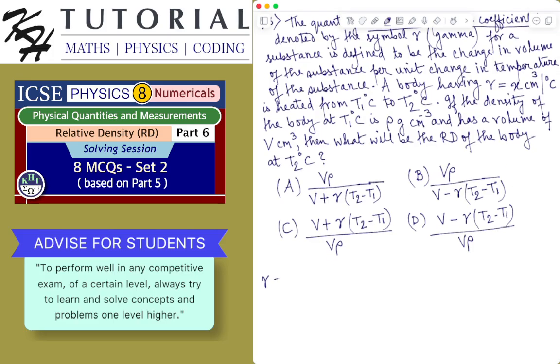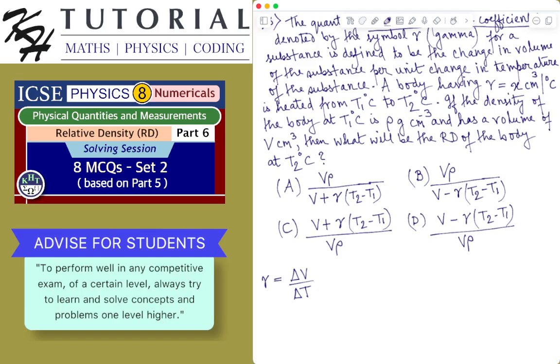In physics, usually a change in a quantity is denoted with the triangle symbol, which is known as delta. So gamma is delta V by delta T. Delta T means a change in temperature, and in the numerator we have delta V, which means a change in volume, and in the denominator we have delta T, which is the corresponding change in temperature.